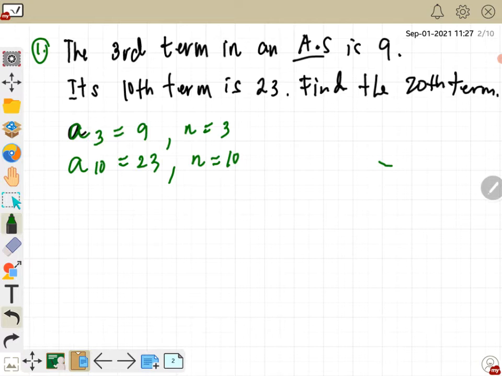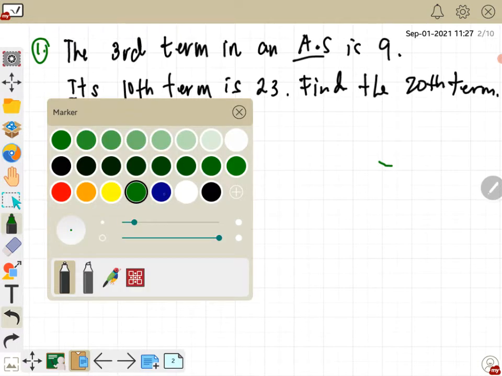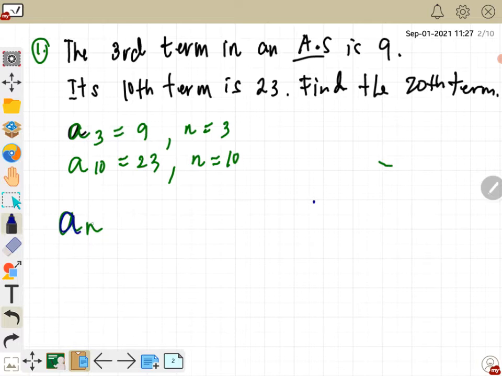Okay, so we can use the arithmetic sequence formula, and that is a sub n equals a sub 1 plus n minus 1 times d. So in this case, since we are looking for the 20th term, we say a sub 20.